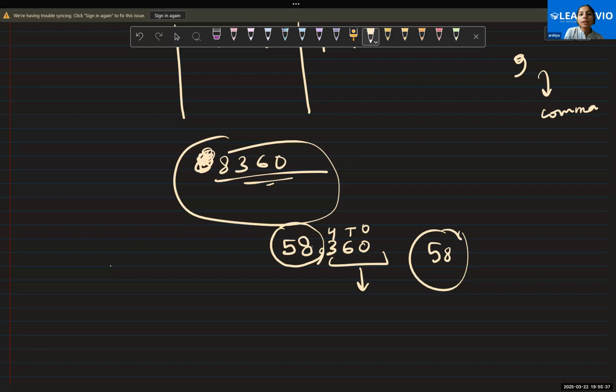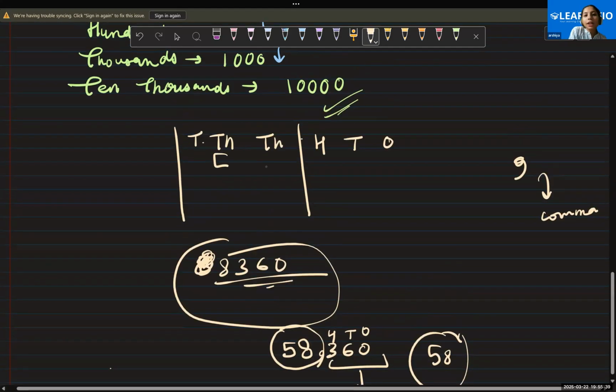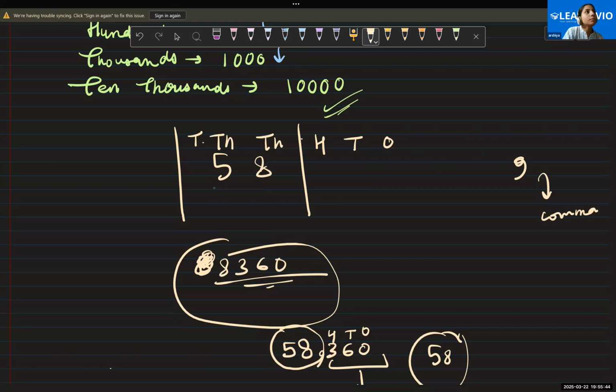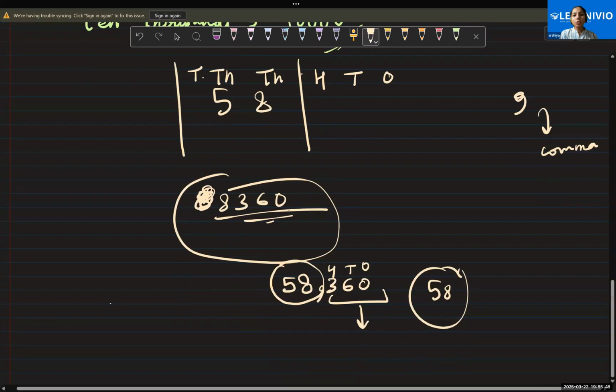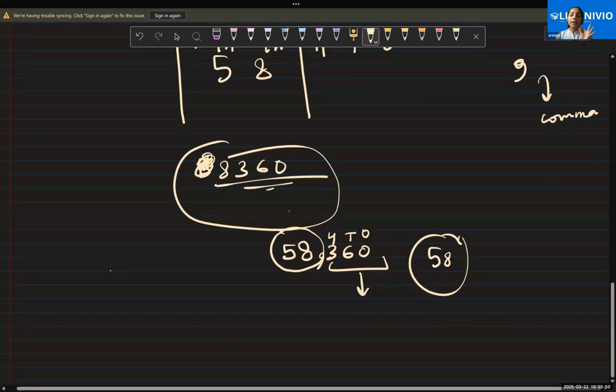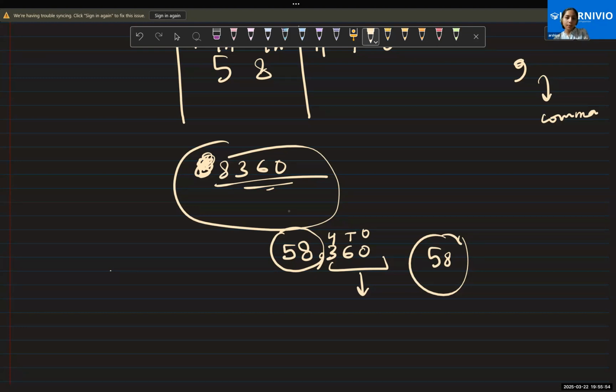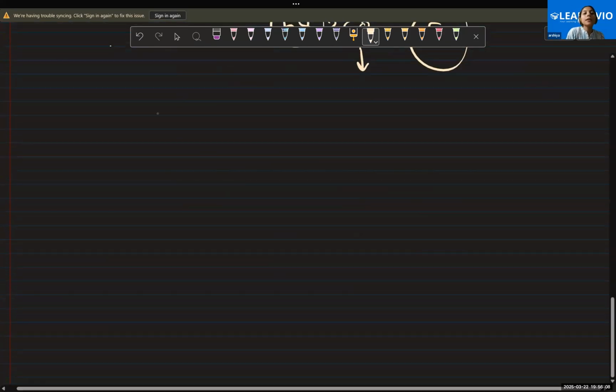And both these terms are in thousands, right? So I will say it as 58,000. When both the terms are in thousands, I'll just call it 58,000, or whatever number is there, that much thousand. Does that make sense? We'll solve some questions so that you can understand.